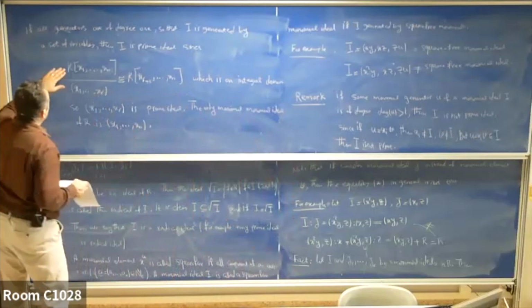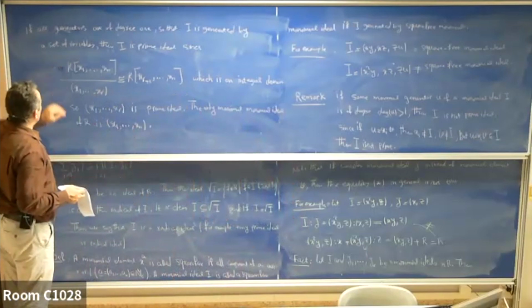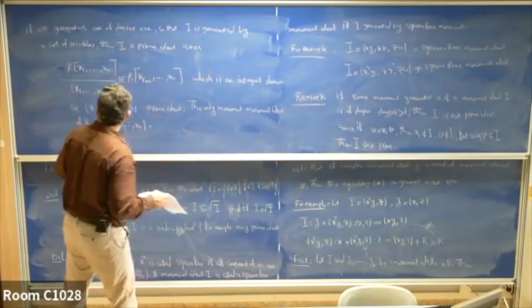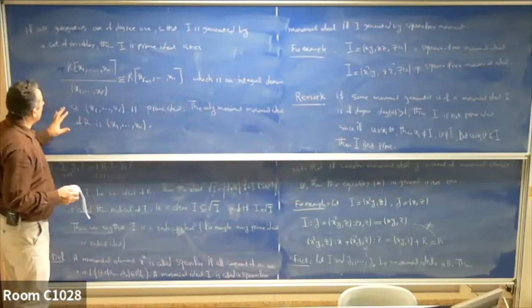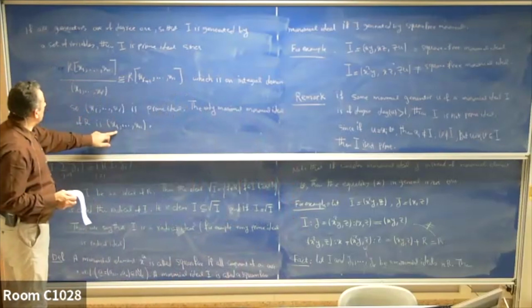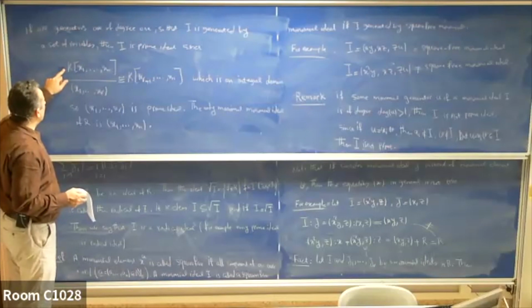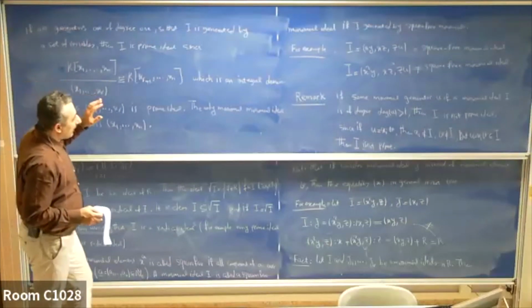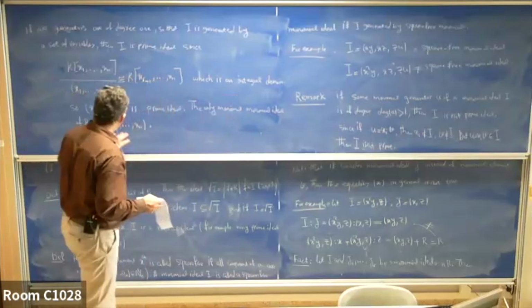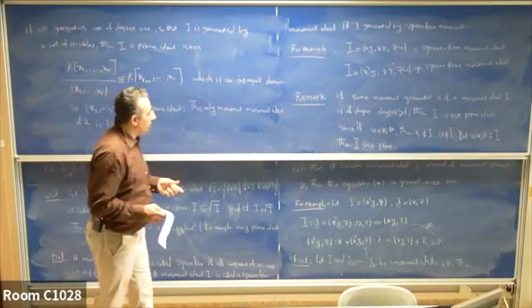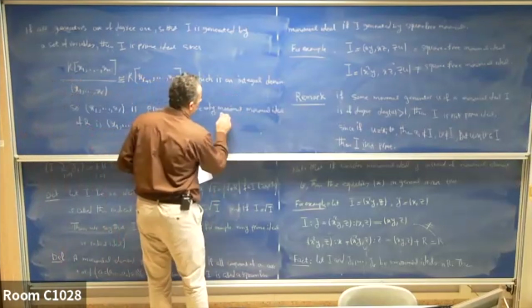This polynomial ring has many maximal ideals, but the maximal monomial ideal is only the one, the ideal generated by all the variables.